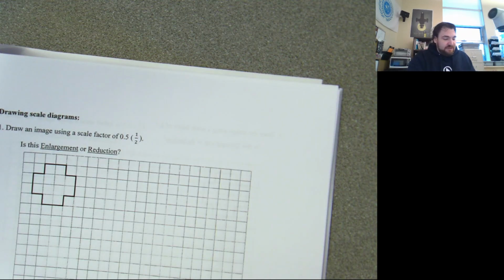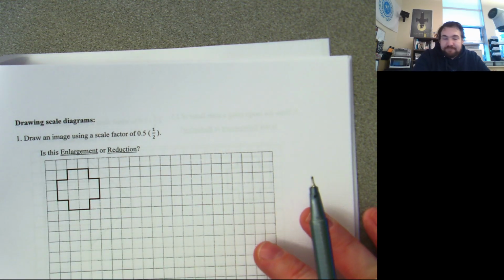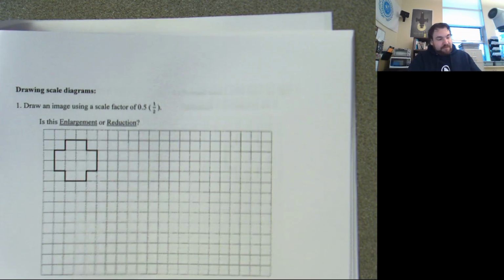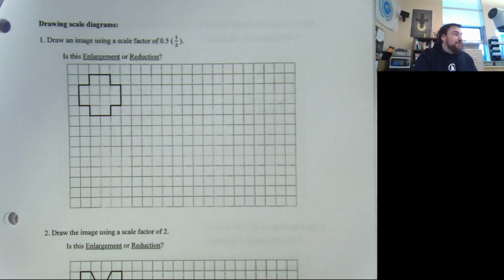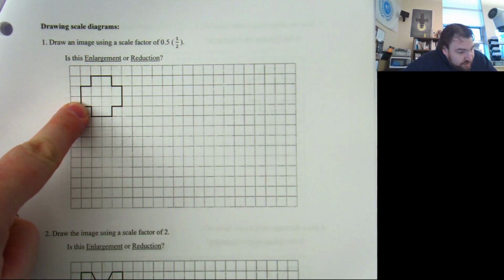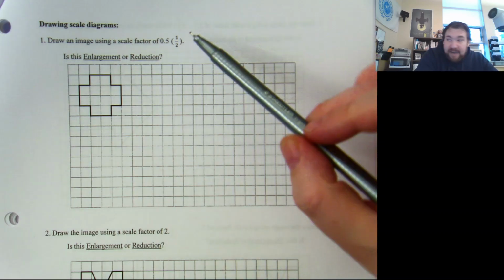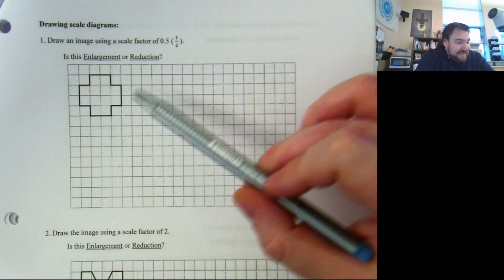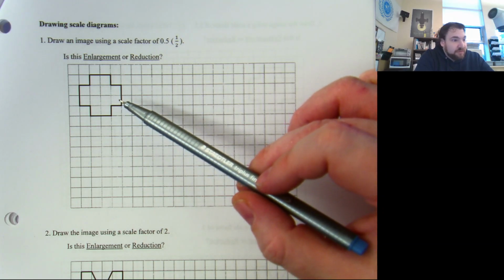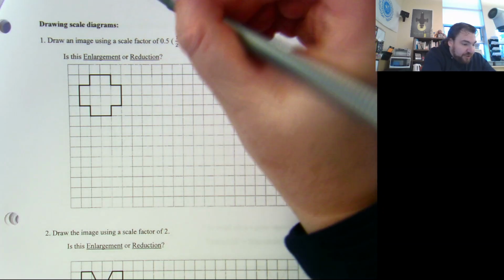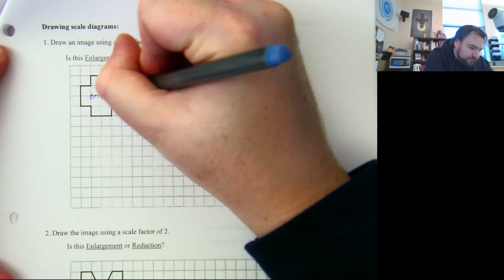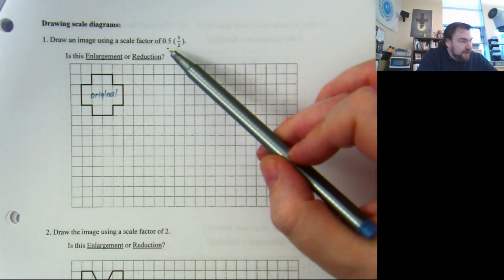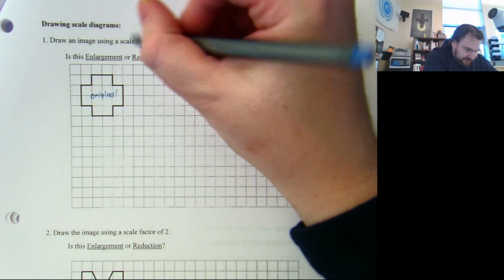So, let's draw some stuff. It's like graphing, but there are no axes. So if I want to draw this image using a scale factor of 0.5 or a half, is this thing going to be bigger or smaller? It's going to be smaller. If this is our original, and we want a scale factor of a half, we're going to end up reducing this thing.